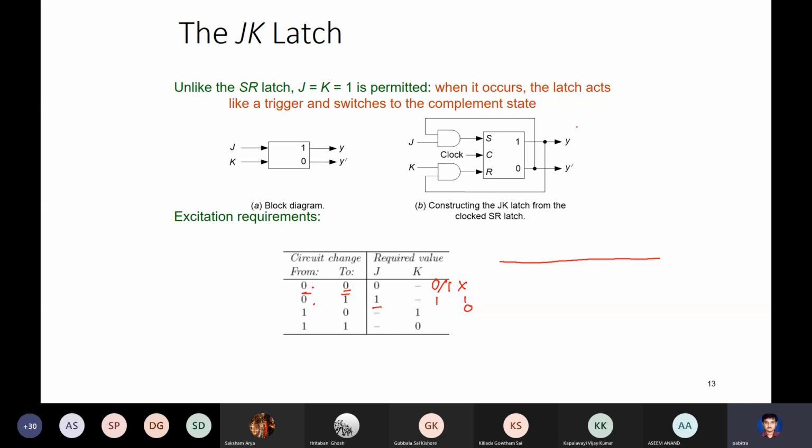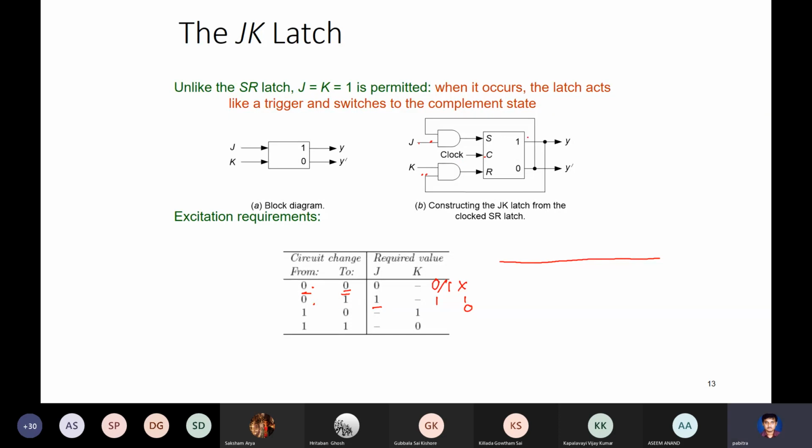Maybe I should first show you the realization. So again, I am realizing it using a basic clocked SR latch. You can directly write down the realization in terms of gates. You take the SR latch, and at its inputs you have two additional AND gates with the clock. One input of each AND gate is J and K. The S got converted to J, and the R got converted to K. But there is a feedback.